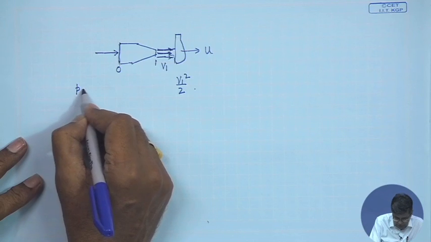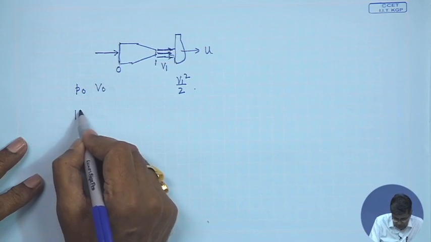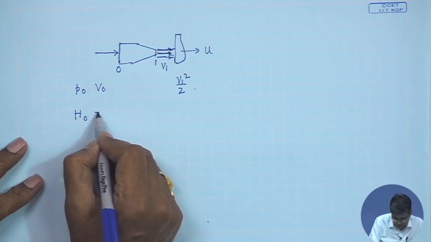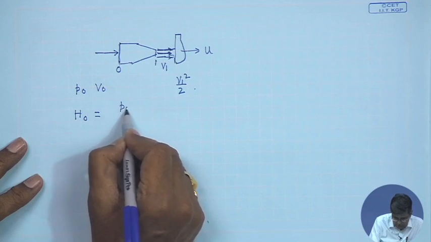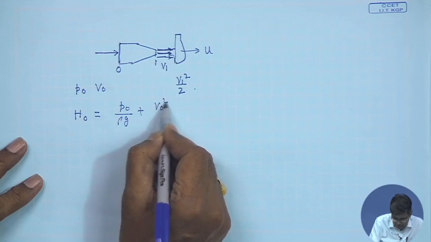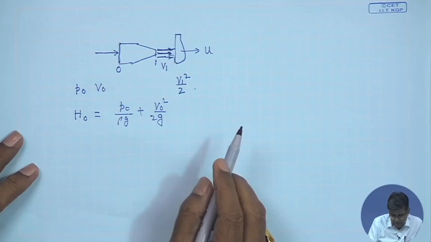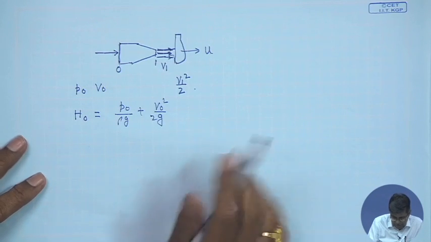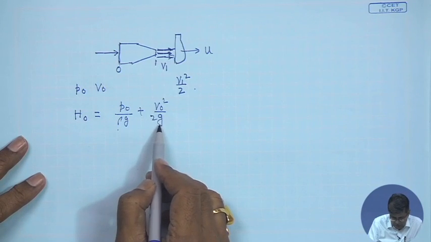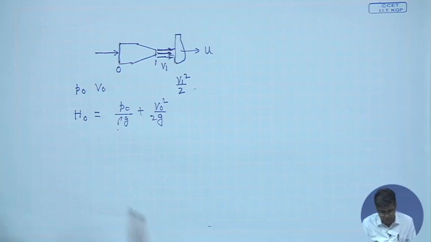P0 is the pressure, V0 is the velocity. Then the total head, or energy per unit weight, is P0 by rho g plus V0 square by 2g. If we neglect the change in gravity, then P0 by rho g plus V0 square by 2g, where V0 is very small, is in fact mostly in the form of pressure.